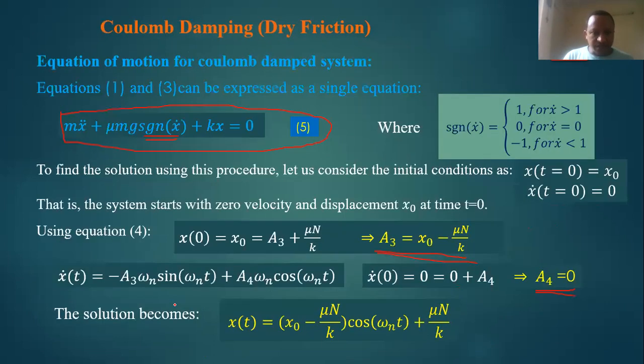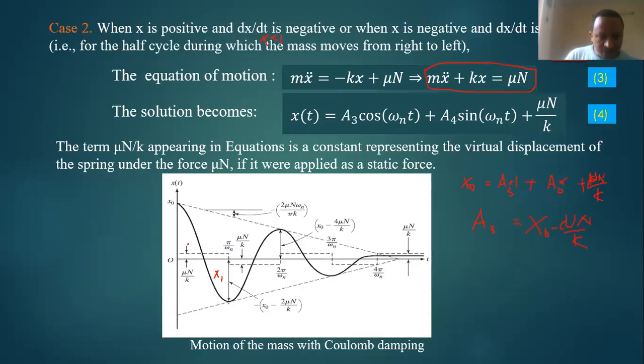So let's see what it is. This is the amount reduced: previously it was from here to here, but currently it is x naught minus 2 times mu N over k.